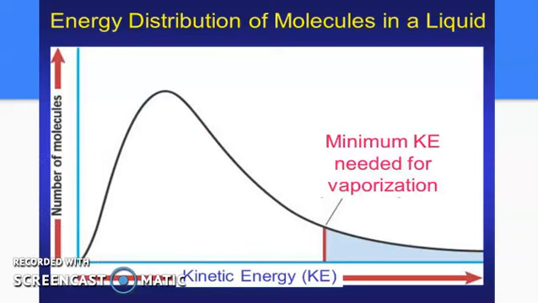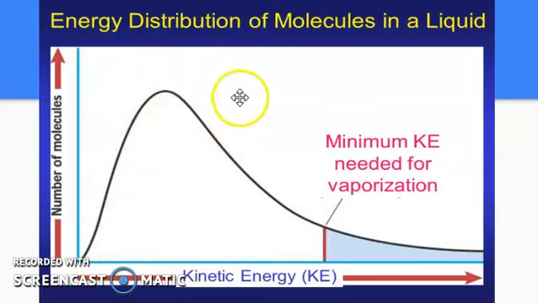So for example, in liquid water, some molecules will have more kinetic energy than other molecules, and this is a graph that shows the distribution of kinetic energy of molecules in liquid water at 25 degrees Celsius. As you can see, some molecules have a lower kinetic energy than others.